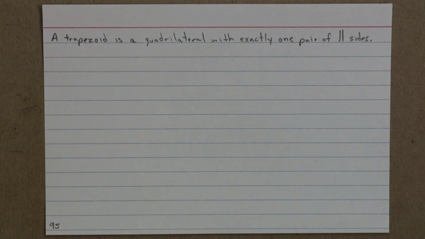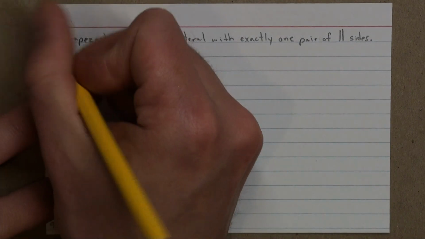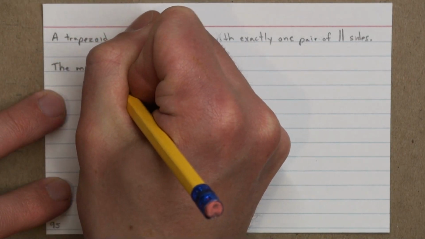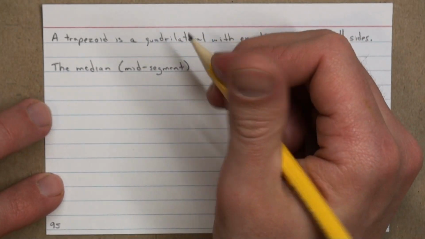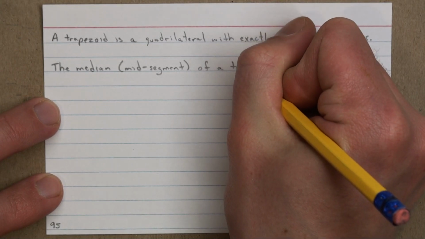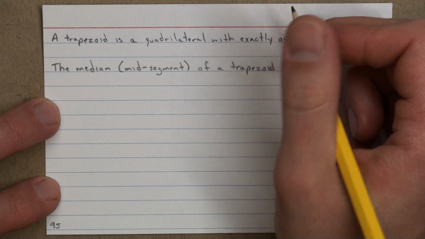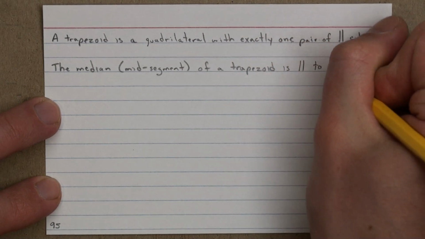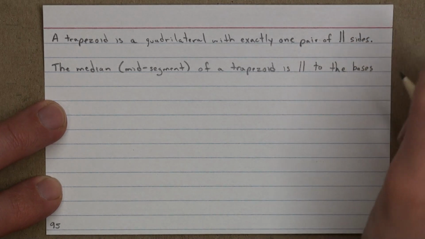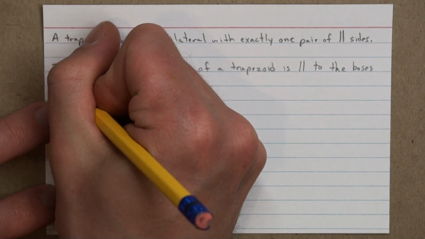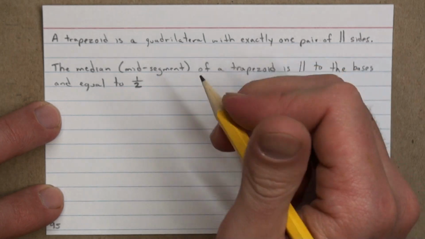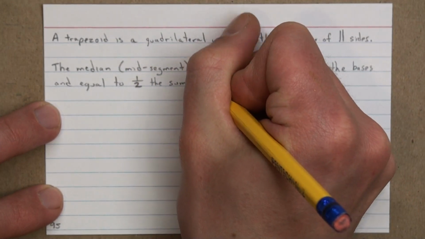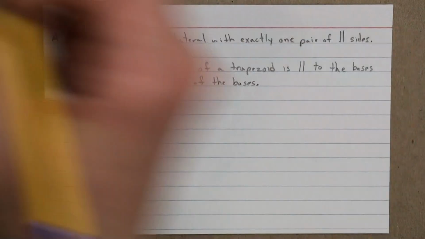There's another property that's really important, and that's that the median, also called the mid segment, of a trapezoid is parallel to the bases and equal to one half the sum of the bases.